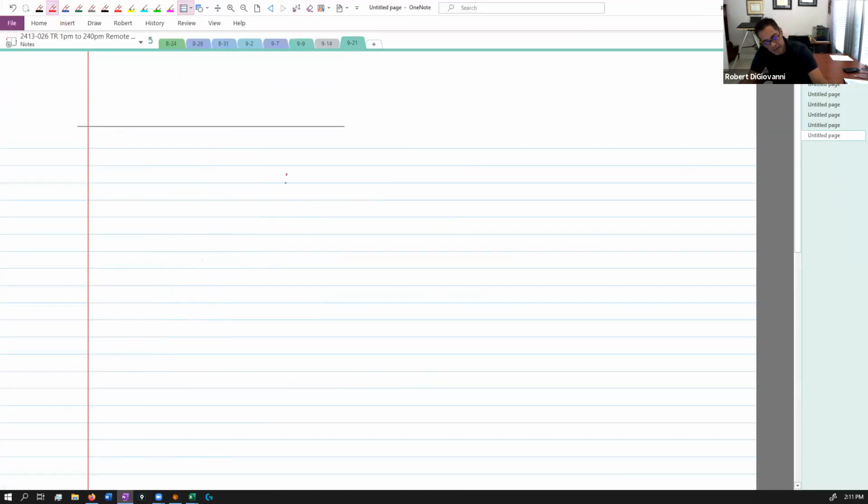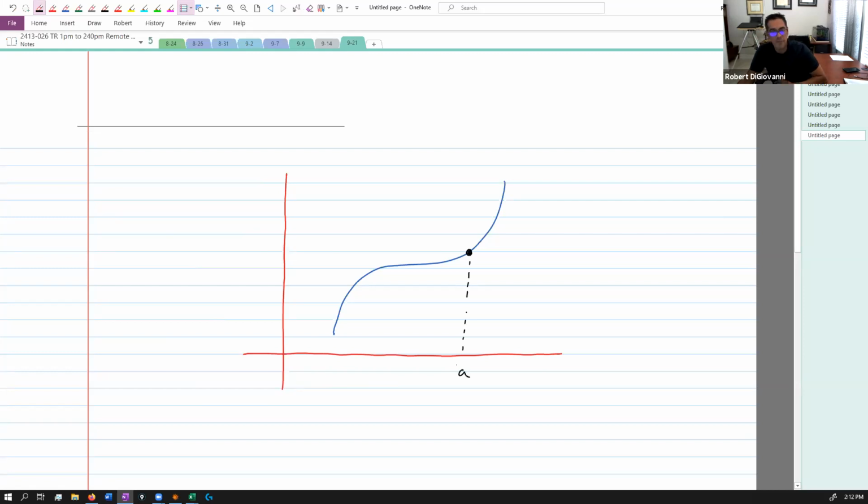If we take a graph and we take some point on this graph that corresponds to a here, let's say that the x-axis represents time and the y-axis represents distance. And for the sake of making this easy, let's make it hours.